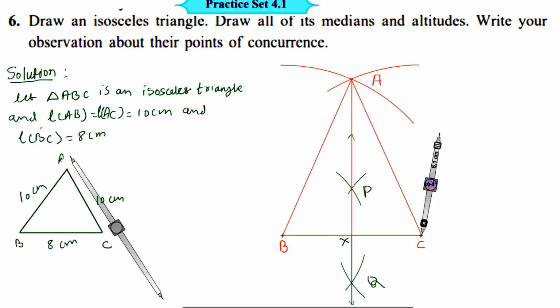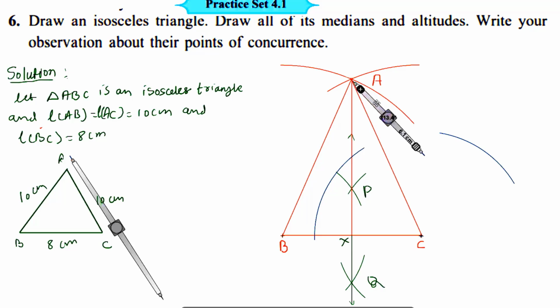Take a convenient distance in the compass. Put the compass on point C, or vertex C, and draw the arc on both sides of side AC. Keeping the same distance in the compass, put the compass on point A as the center of the circle.